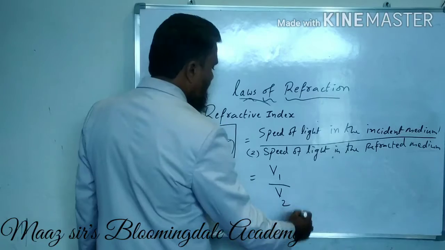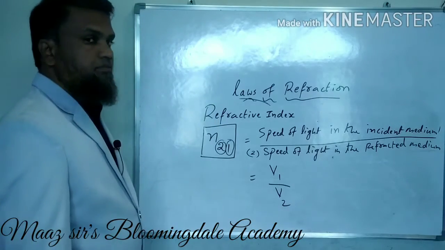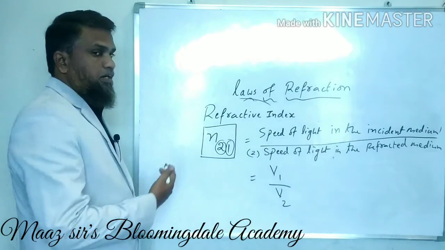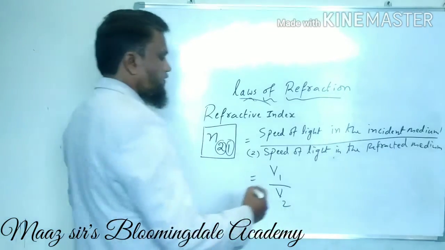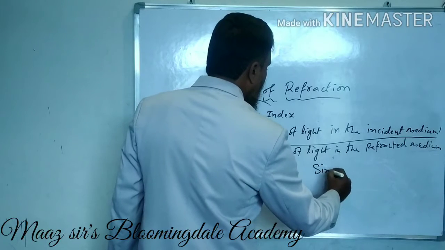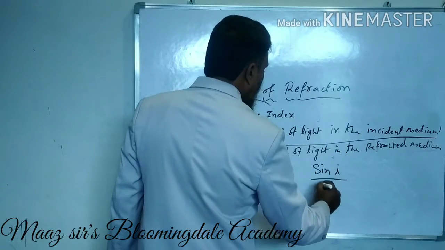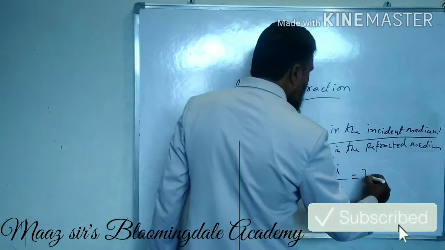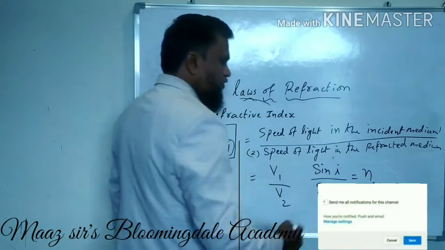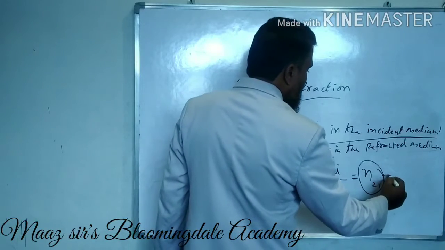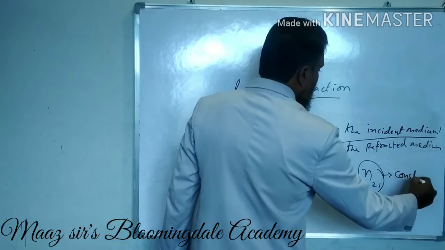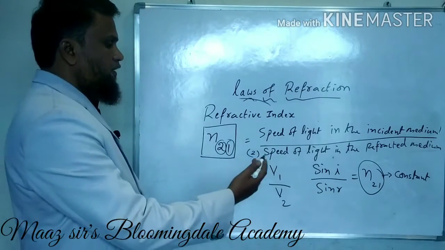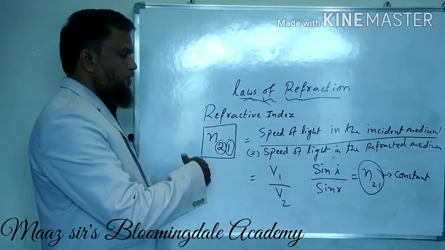So it is V1 by V2. Snell's law can also be understood in terms of sine i and sine r, which is given by n21. Remember that this value is constant.